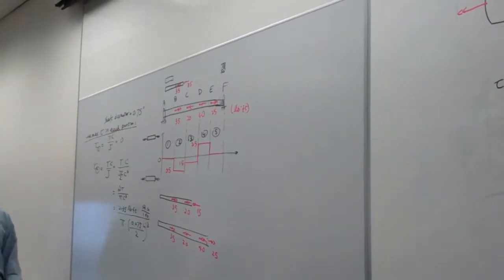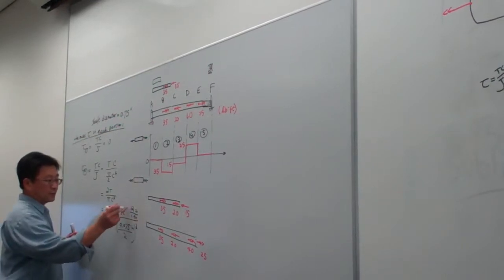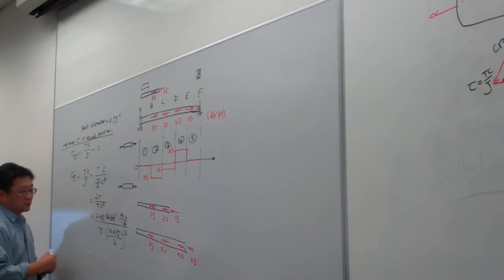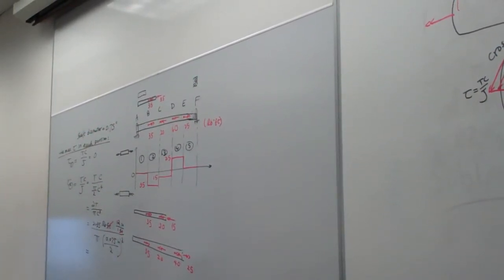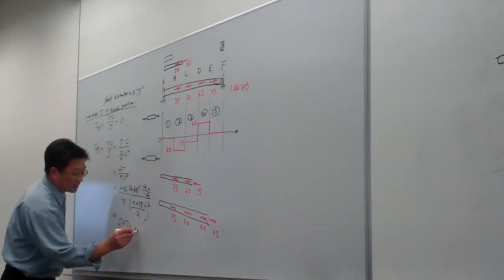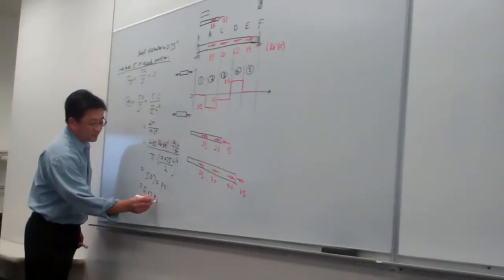Okay, so in this way, we can cancel the foot away. So this result will be 5070 psi, or 5.07 ksi.